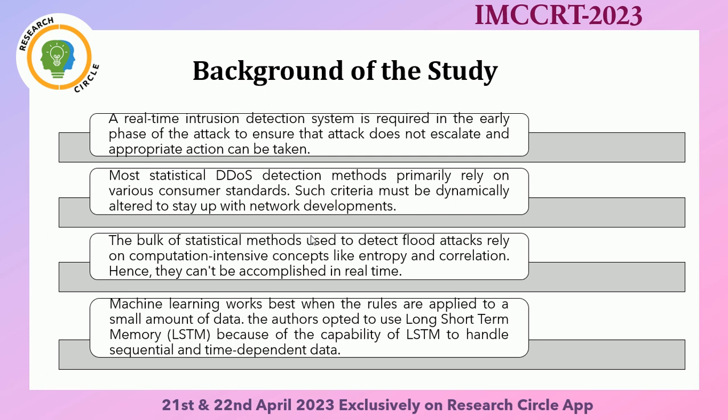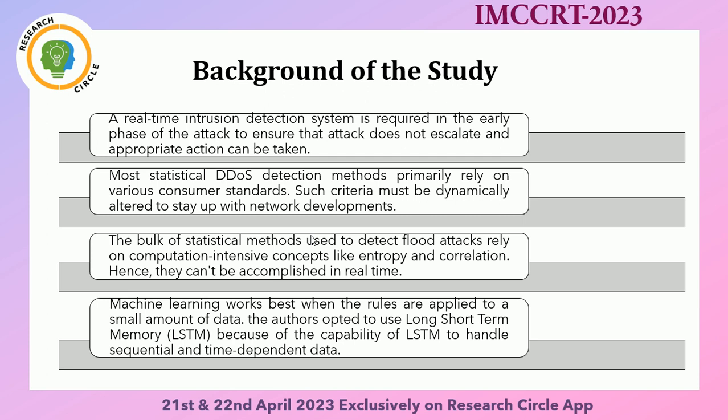But machine learning works best when the rules are applied to a small amount of data. In this case, the author opted to use long short-term memory, LSTM, because of its capability to handle sequential and time-dependent data.